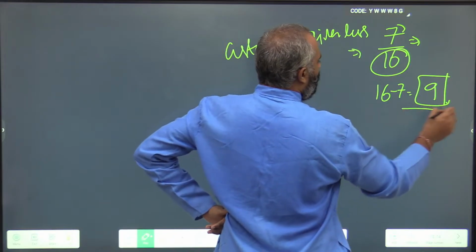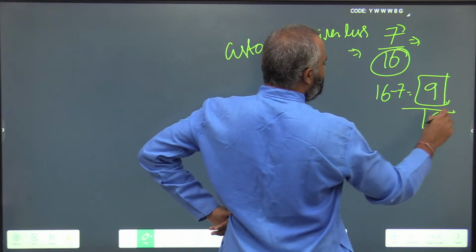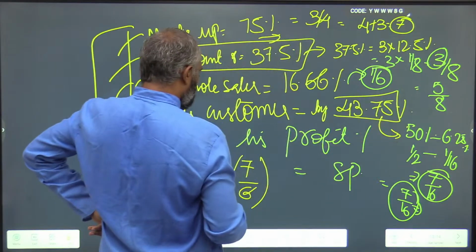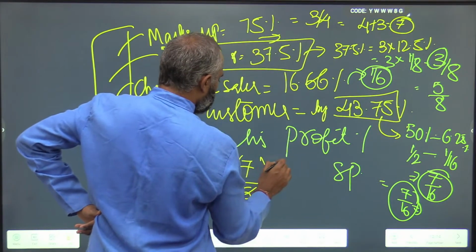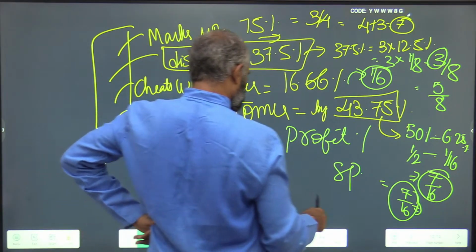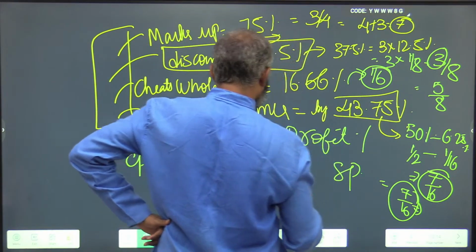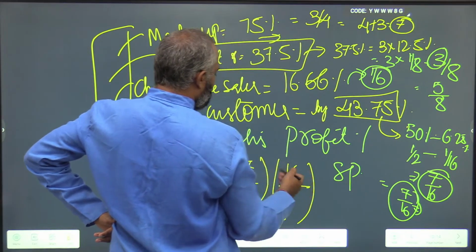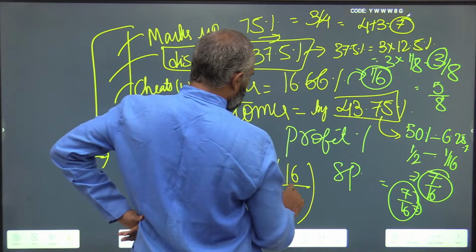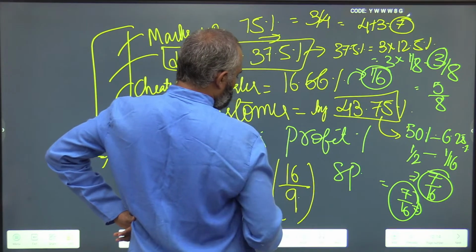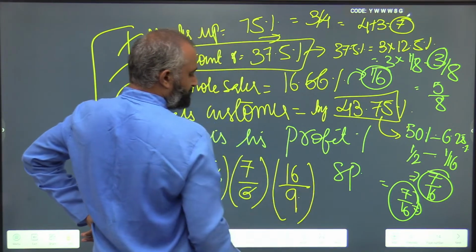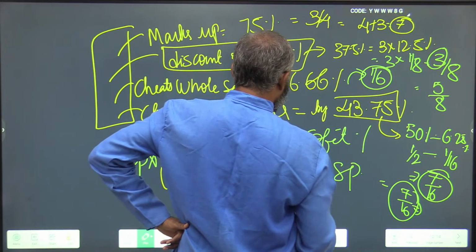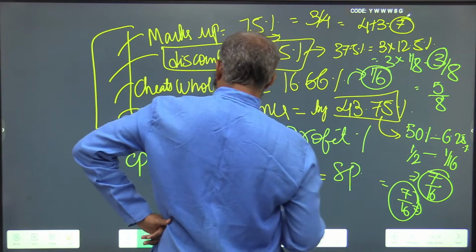But what is he actually taking from the customer? 16 units. He is giving to the customer only 9 units. So this becomes our SP.